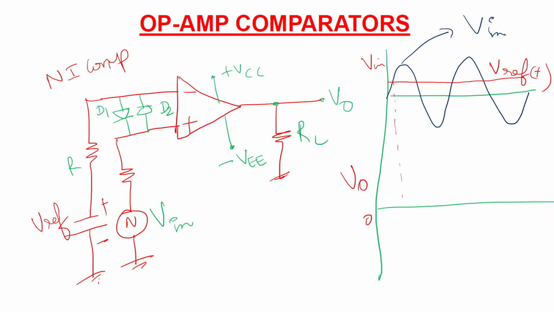I'm drawing vertical lines at the meeting points of the reference with respect to the input voltage. Now when the input voltage is lesser than V reference, the output will be low, which means minus Vsat.